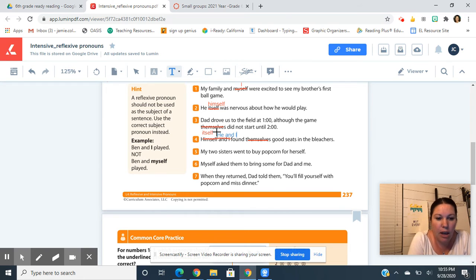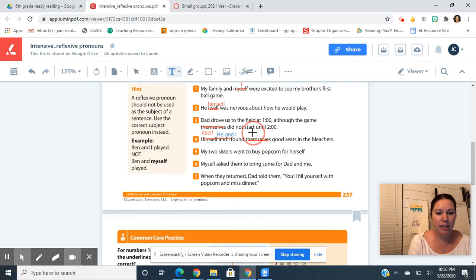So instead of themselves, because he's including himself in this sentence, we would say ourselves. So he and I found ourselves because he's included in the sentence. So we'll put that right up here. Ourselves. Once again, it's like right next to.